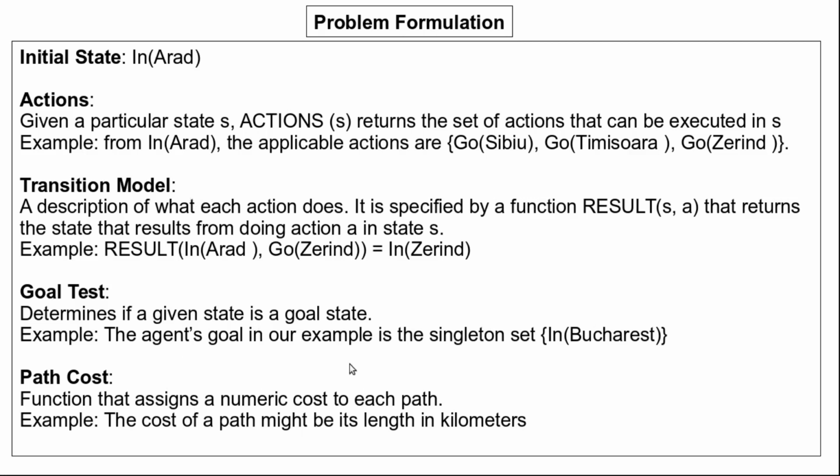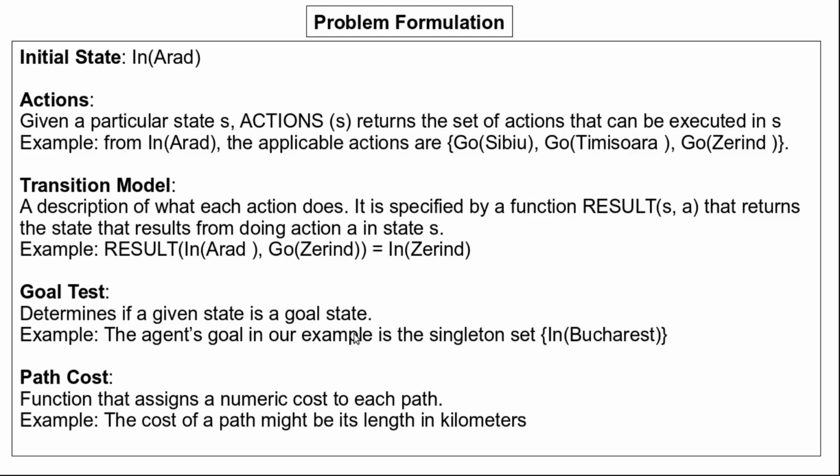That cost is assigned by the cost function. So path cost is a function that assigns a numeric cost to each path. In our example, the cost of a path may be the length of the path in kilometers, how many kilometers we have to travel. I hope it's clear what the different components of a problem formulation mean from this example.